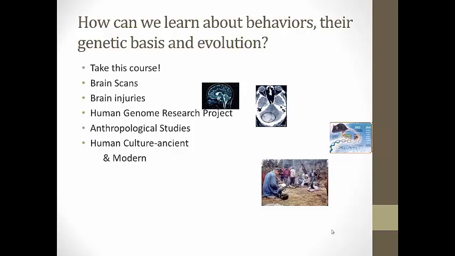So in modern cultures, where we have evidence that's forthcoming in the current time, we can compare that to what we know about ancient societies, either because they have written texts or because they've left artifacts from which we can deduce elements of their behaviors. And those are the kinds of evidence that we'll be looking at in this course.